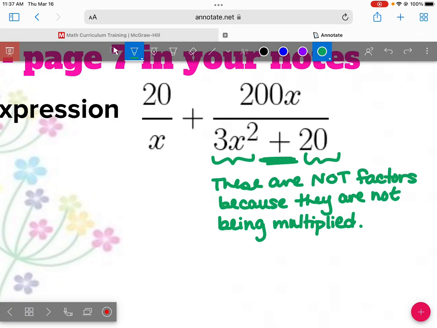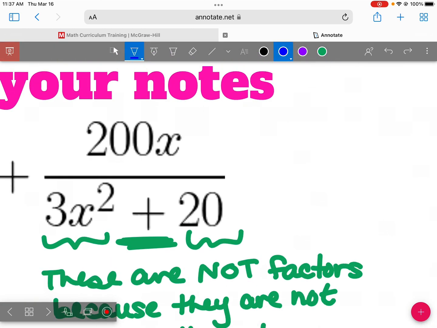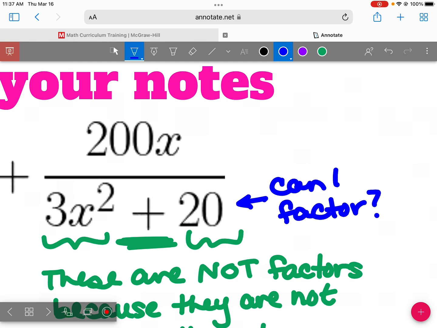Can I factor that second denominator? How will I know whether or not it's factorable? It has an x squared, so I'm certainly going to try. That doesn't guarantee that it will factor, but it means I need to try.